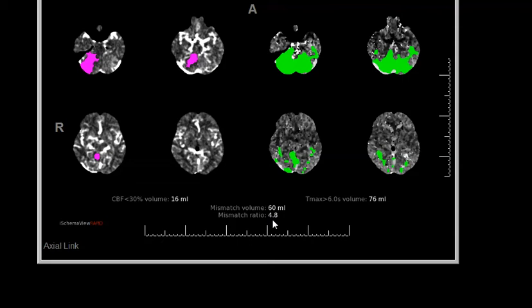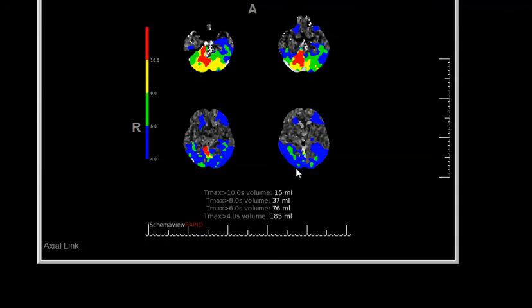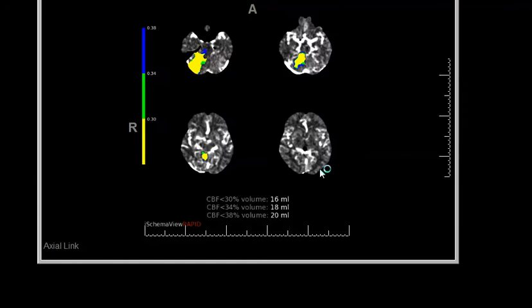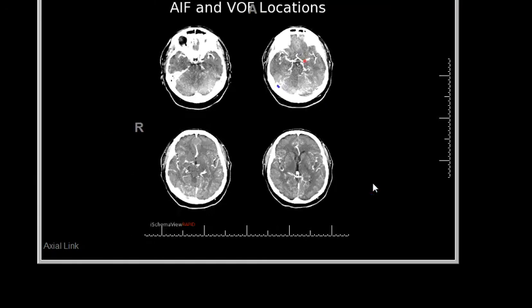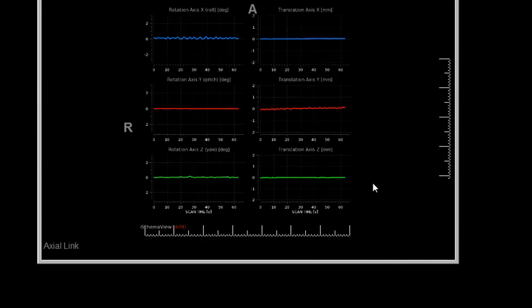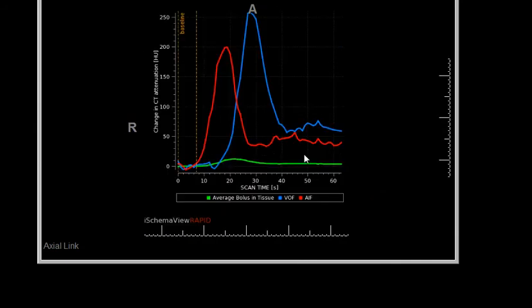The mismatch ratio means the risk of stroke is large and the dead tissue is not that large, so it's worth doing. So this CT perfusion worked pretty well, and the data is pretty good with good graphs.